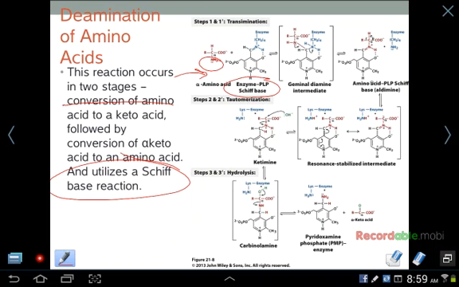So PLP accepts our amino group here, in the end. And then in the reverse, in order to transfer that amino group from what is now PMP to the alpha-keto acid. So stage 1 is in this direction, the forward direction, while stage 2 is the reverse.